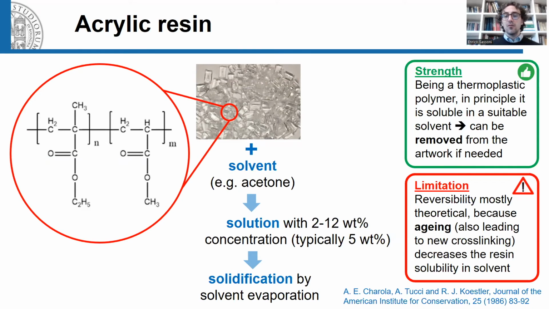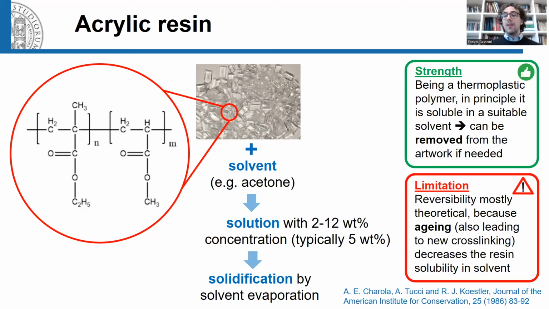You obtain a solution which typically has a 5% concentration, and then you apply it by spraying or brushing onto your substrate. As the solvent evaporates, the polymer solidifies and it's able to bond the grains in the stone. In addition to its high effectiveness, a strong point of acrylic resin, and let's say thermoplastic polymers in general, is that they are in principle reversible.